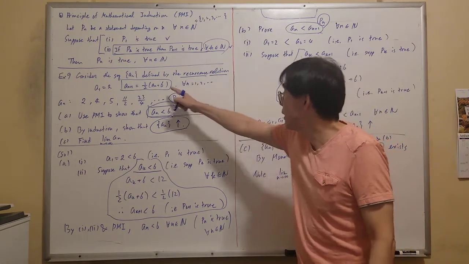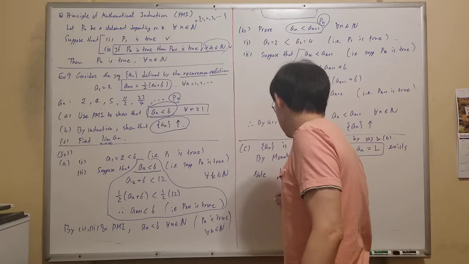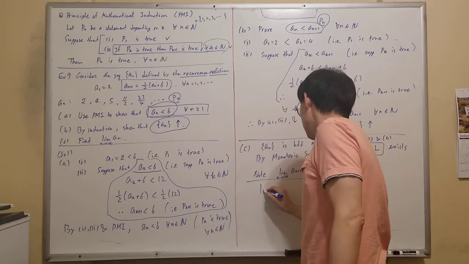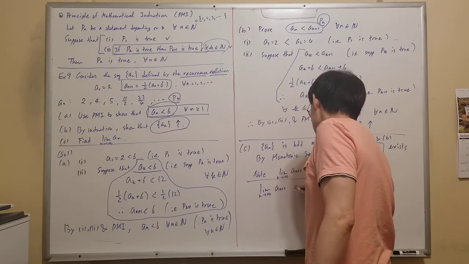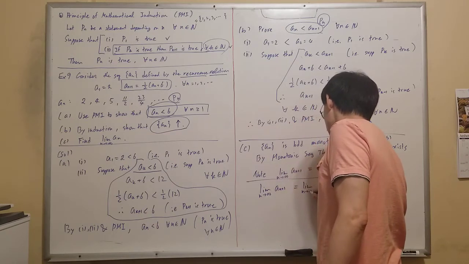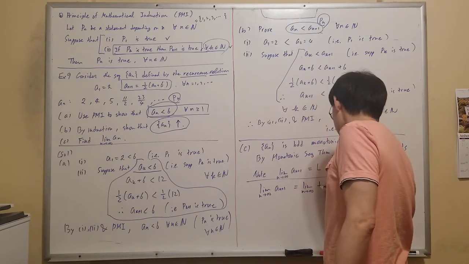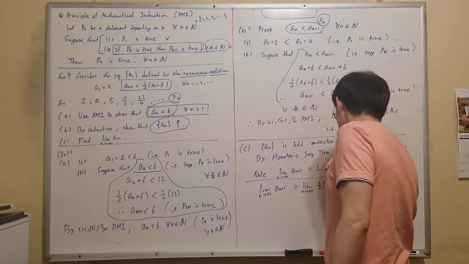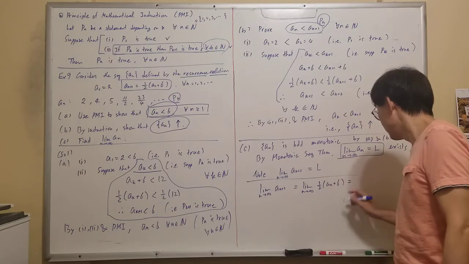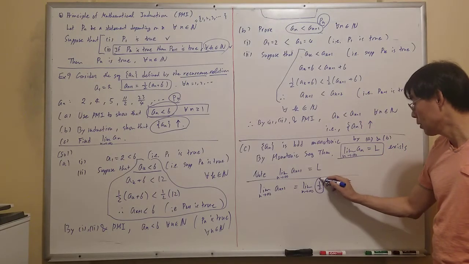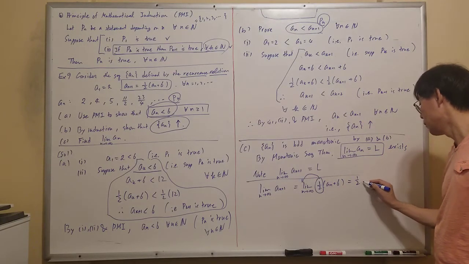So we take the limit of both sides of this. The limit of a_{n+1} equals the limit of 1/2 of (a_n + 6). Now, in the limit properties, you can take out the 1/2, you remember?